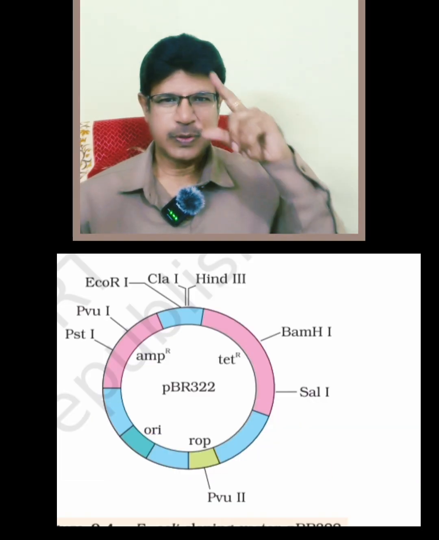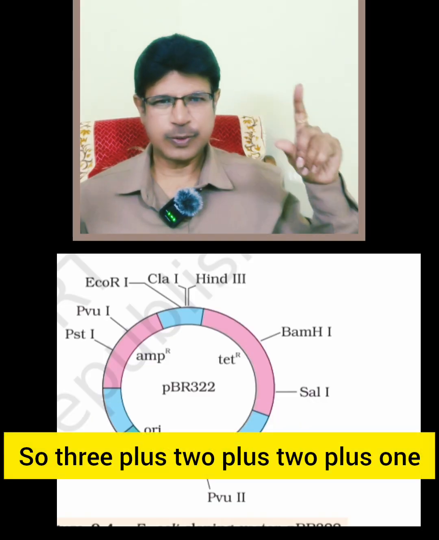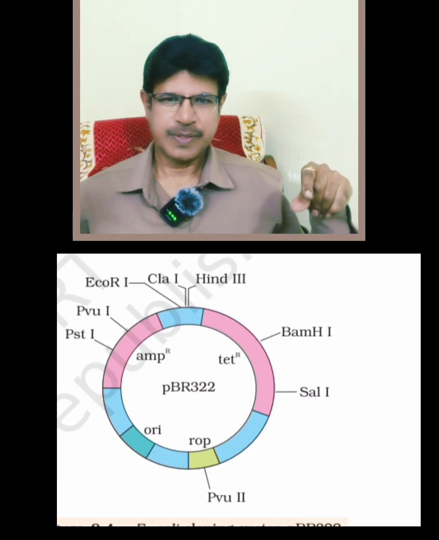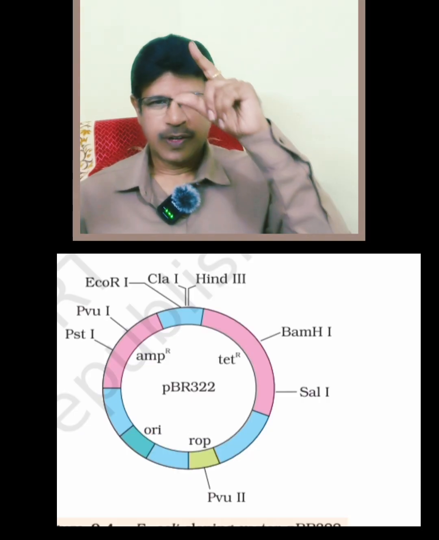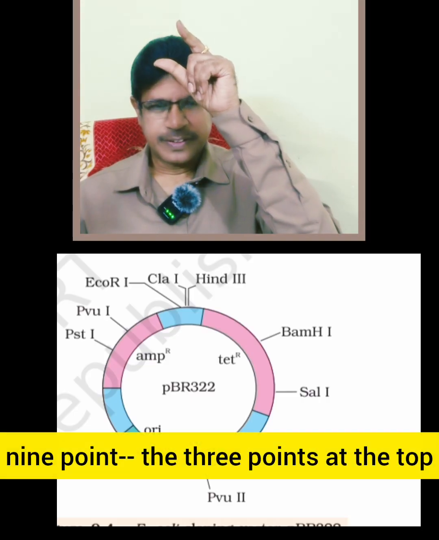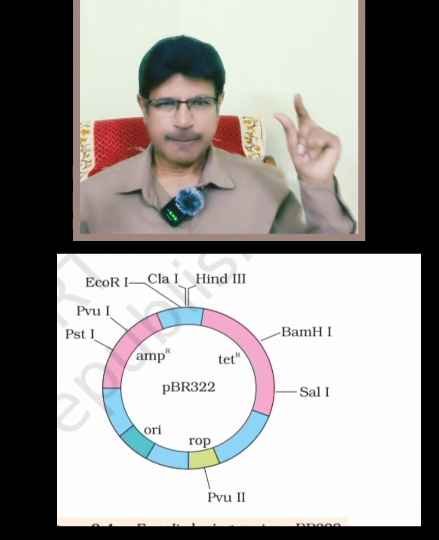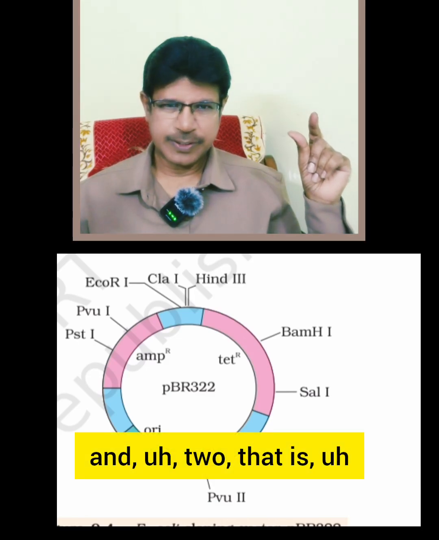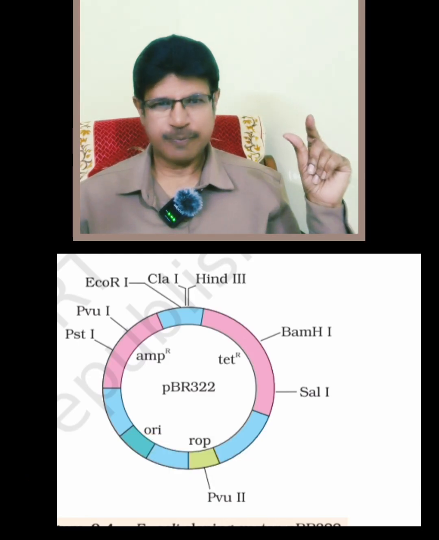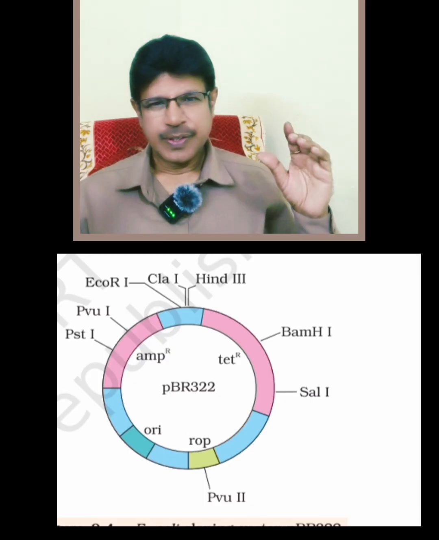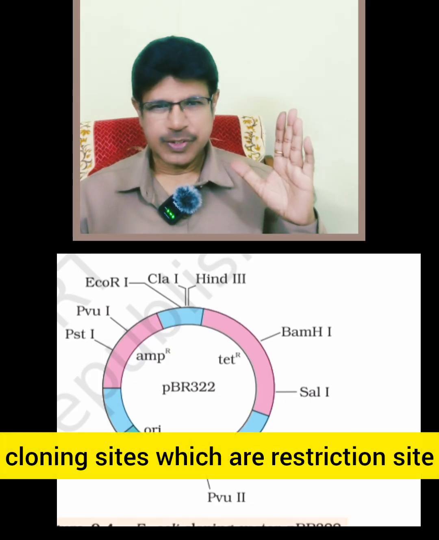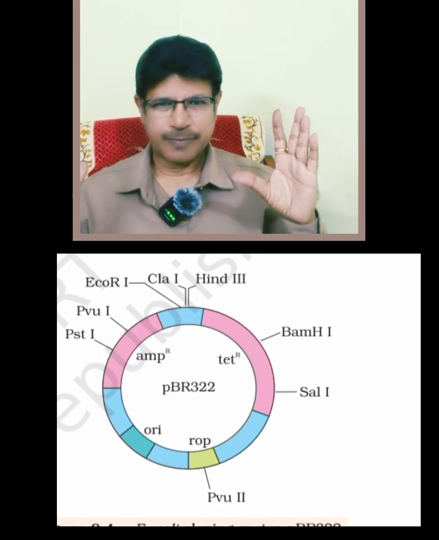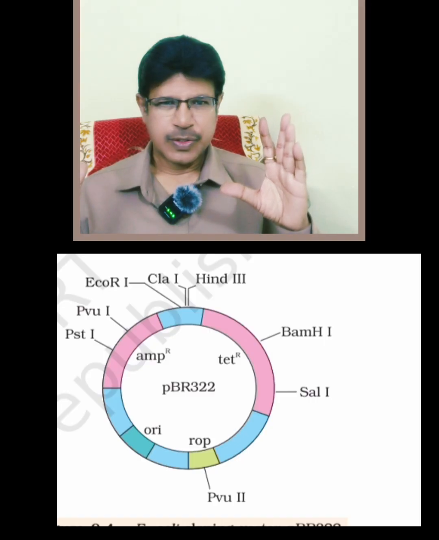So 3 plus 2 plus 2 plus 1, that is 9 points: the 3 points at the top, and two restriction enzyme sites at each side. These are cloning sites, which are restriction sites.